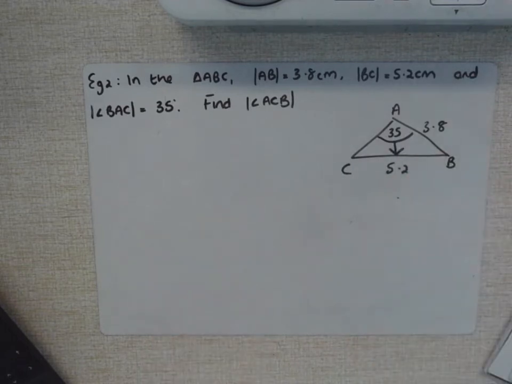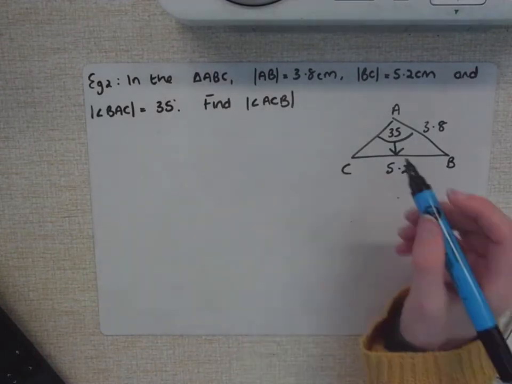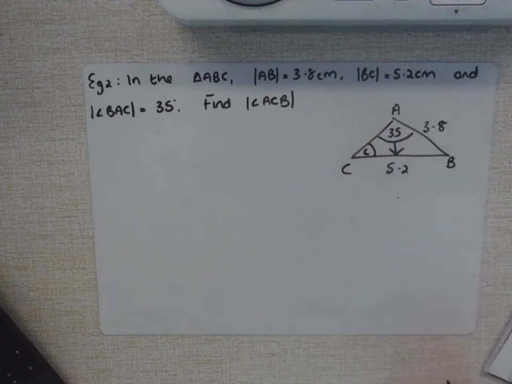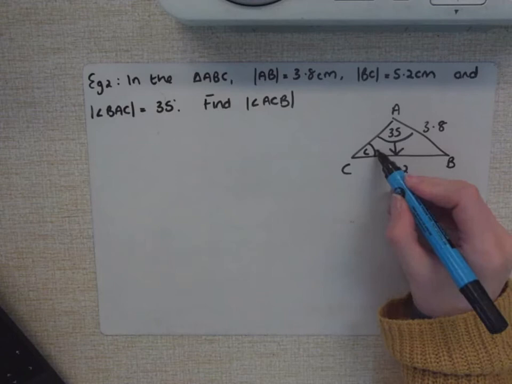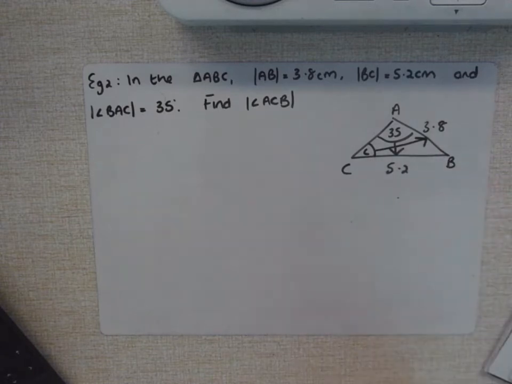Straight away I know I can use the sine rule because I have a side and an angle opposite. I'm looking for angle ACB, and that is the side opposite that angle.